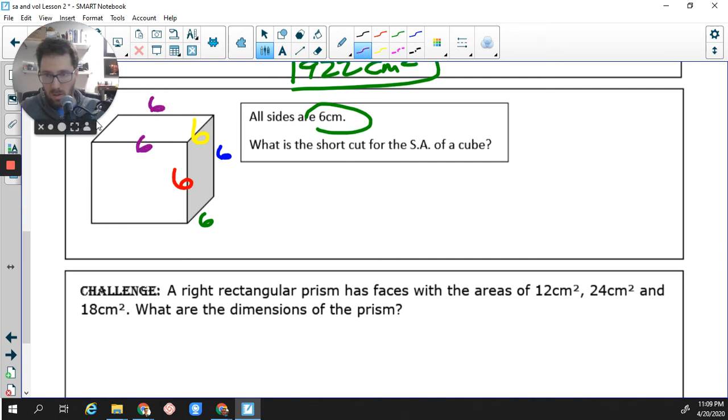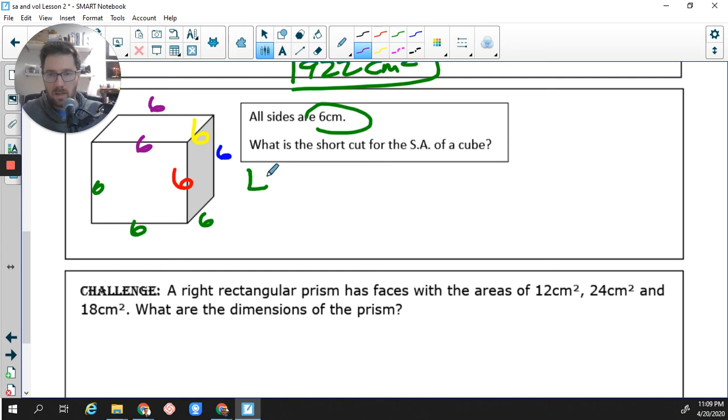Every one of our lines is 6. Okay, so that means that length times width is 6 times 6. Length times height is 6 times 6. Width times height is 6 times 6.